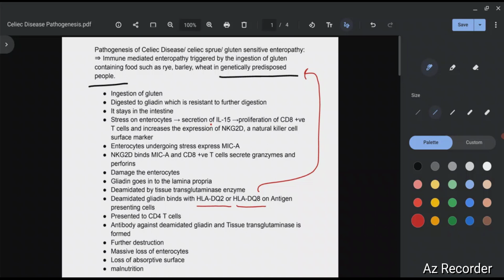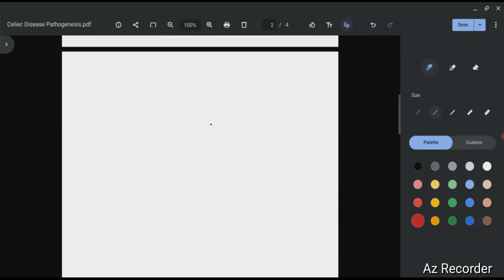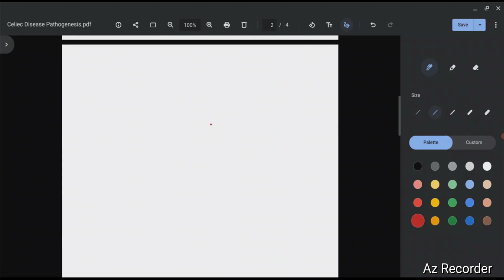Now the physiology of gluten, and I will read the text with you after that. Suppose this is your intestine, and you know that you have 4 layers: mucosa, submucosa, muscularis externa, and then adventitia, right?